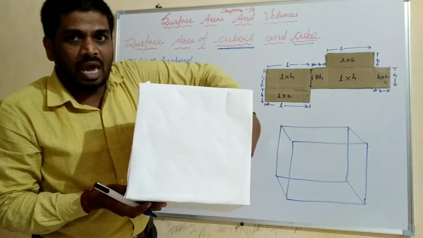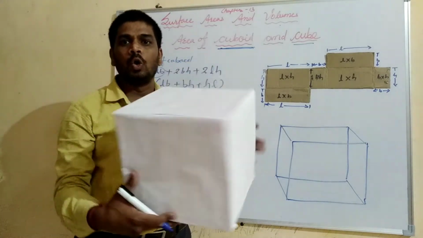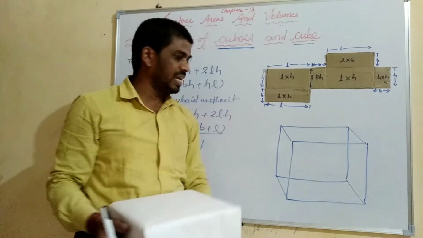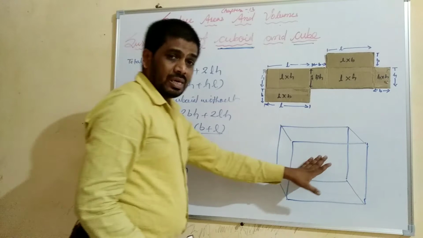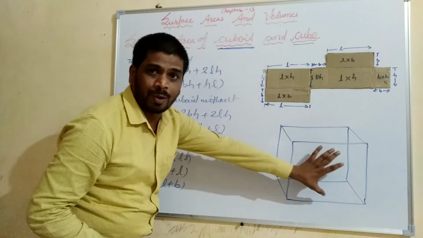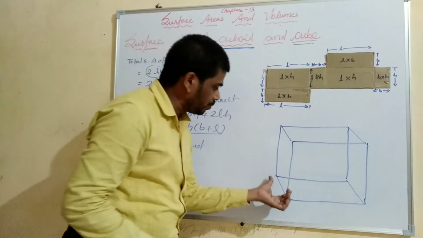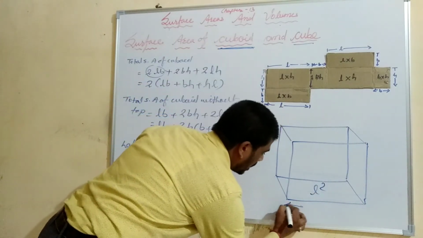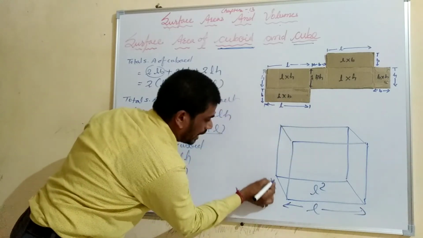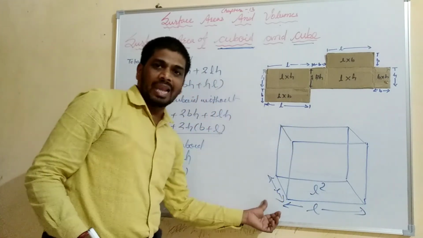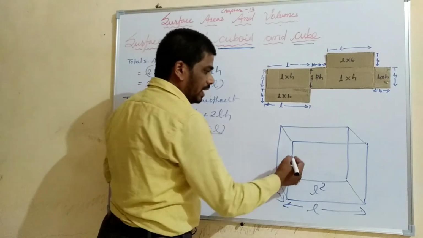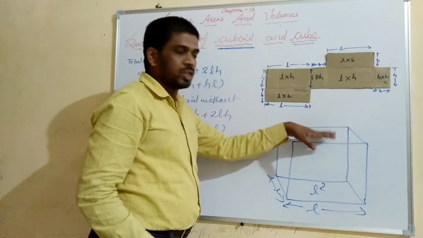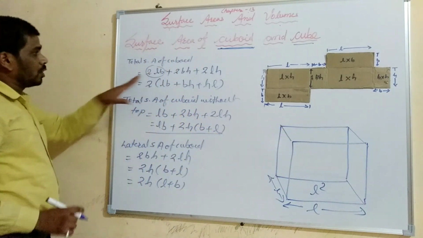Every face of this cube is a square face, so the area of this face will be L square, this face will also be L square, and this face also, because this is length and this is also length. So L into L is L square. Obviously this front face is also L square.